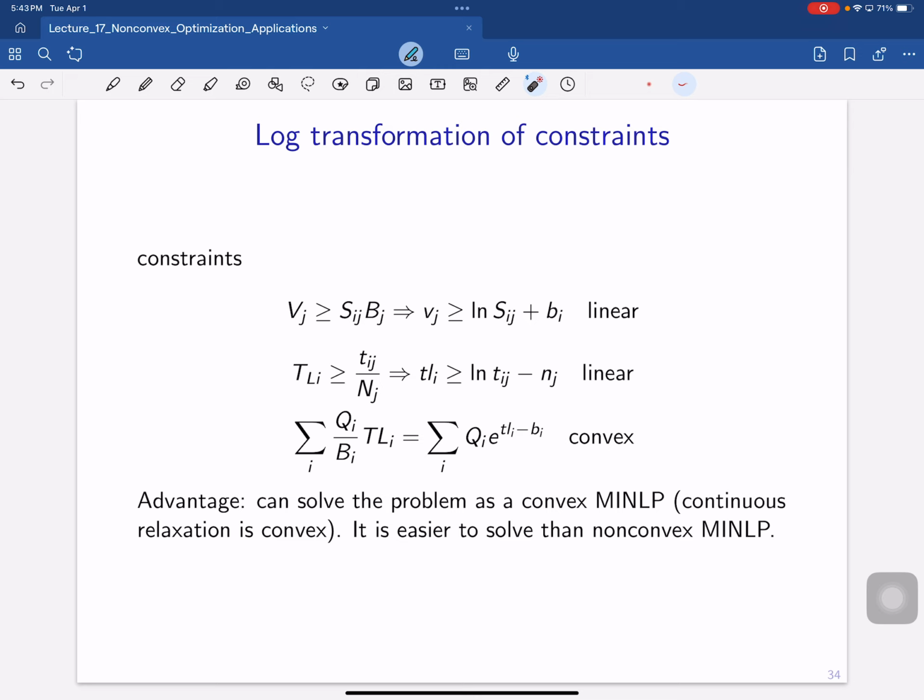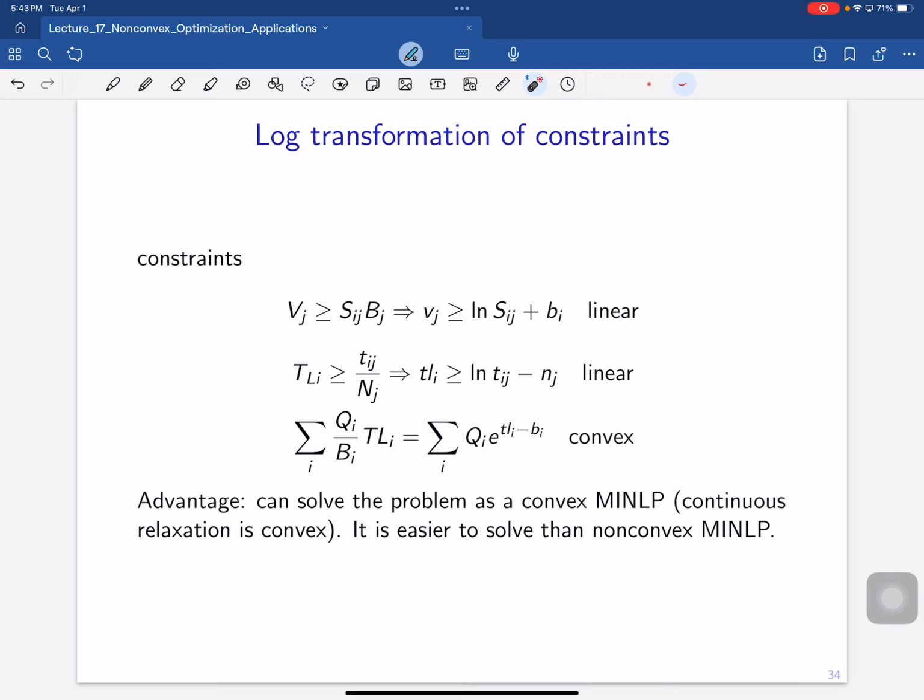Then, especially if you take the log of this constraint, it also becomes linear. There's nothing special about that. Remember, this constraint used to be a non-convex constraint, right? You have the ratio of qi and bi. This is a non-convex problem. But after you take the log, the same thing happened, right? Oh yeah, actually you didn't take log.